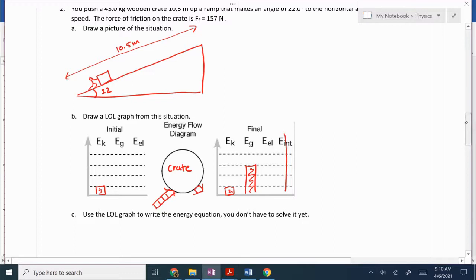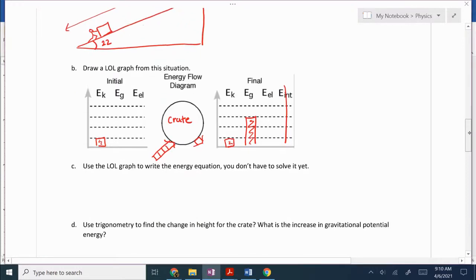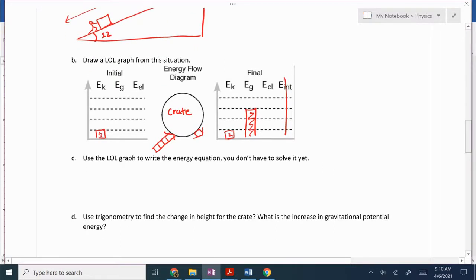So use the LOL graph to write an energy equation. You don't have to solve it yet. So let's see here. We would have kinetic energy plus work in, that's from me, minus the work from friction equals kinetic energy plus gravitational energy.